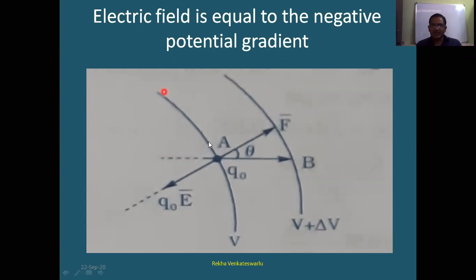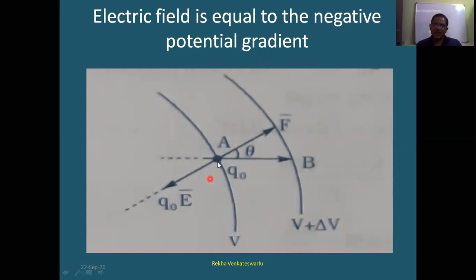Consider two equipotential surfaces in the electric field. On the first surface, at every point, the potential is V. On the second surface, the potential is V plus delta V. The potential difference between these two surfaces is delta V or dV.